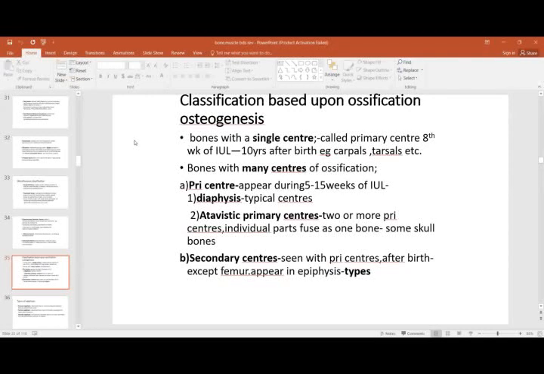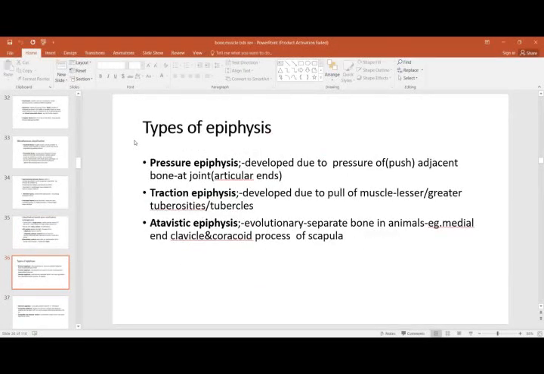They can be of different types for different reasons. The types of epiphysis include pressure epiphysis: because of the pressure of the adjacent structures, you develop bone. Then traction epiphysis: when muscles are attached, the pull of those muscles makes the bone develop. Atavistic means evolutionarily separate bones in animals, like the medial end of the clavicle.